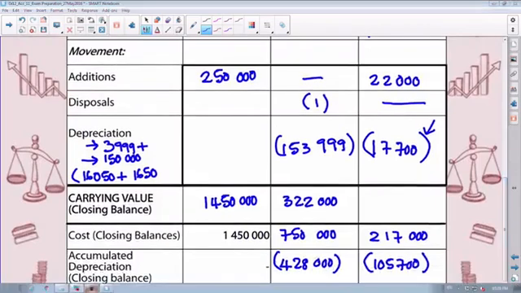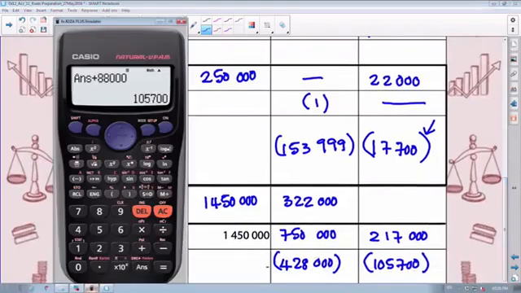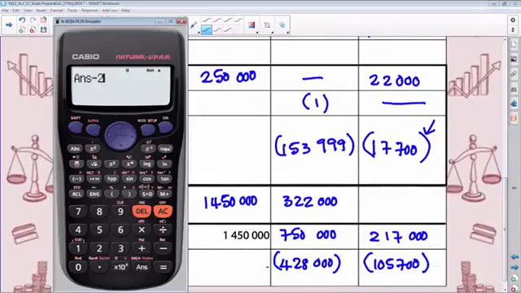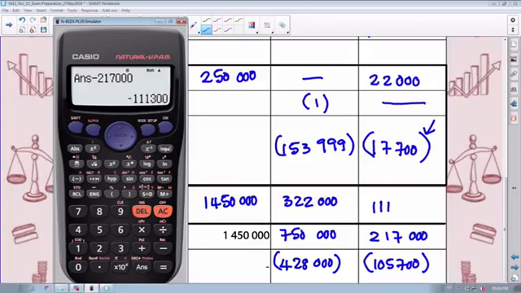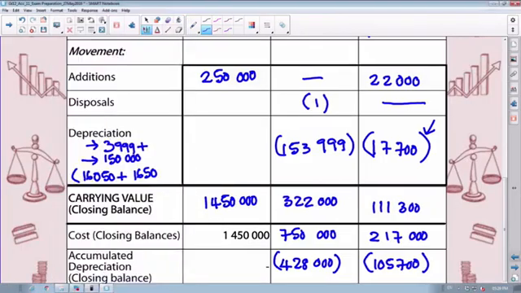And here again, what do we do? We take the 105,700 minus 217,1,2,3, to give me a value of 111,300. What is that? That's your carrying value at the end of your financial year.